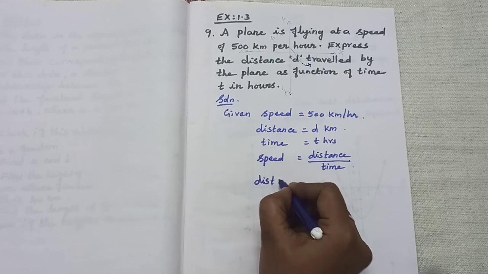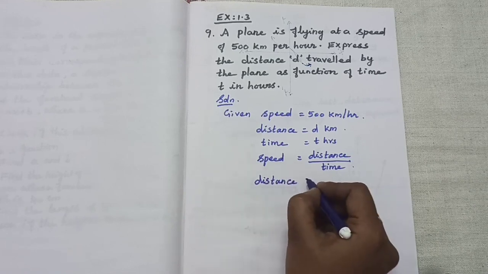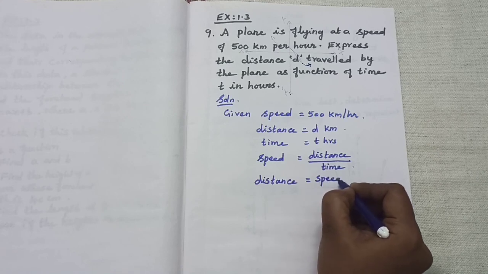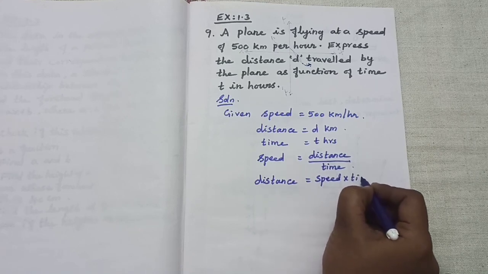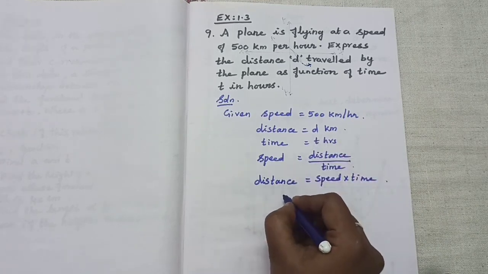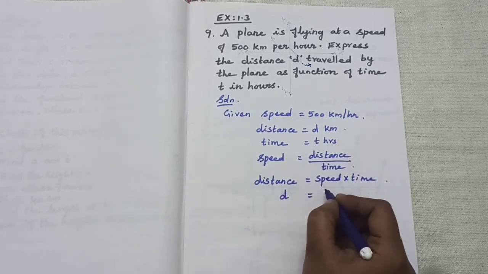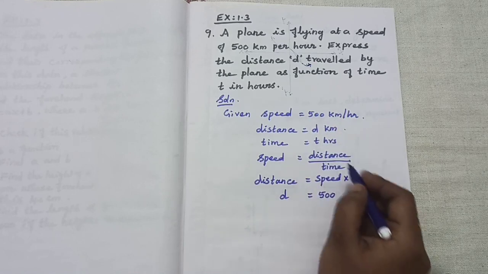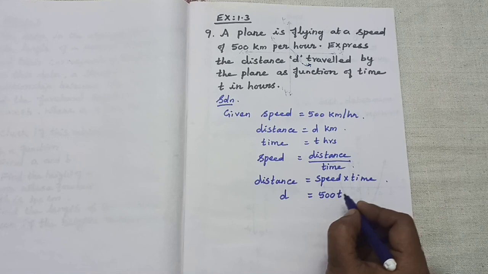Then distance is equal to, cross multiply, speed into time. Then distance denoted by d, therefore d equal to speed, which is given as 500, and the time is t hours.